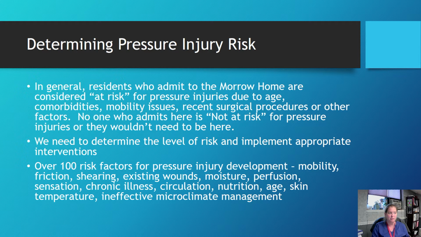So if you're frequently performing Braden assessments with a determination that the person's not at risk, especially if they have a history of pressure injuries, which I've seen before, you're probably not doing the Braden correctly. That's why we're going to develop our assessment skills, so that we can determine an appropriate level of risk.